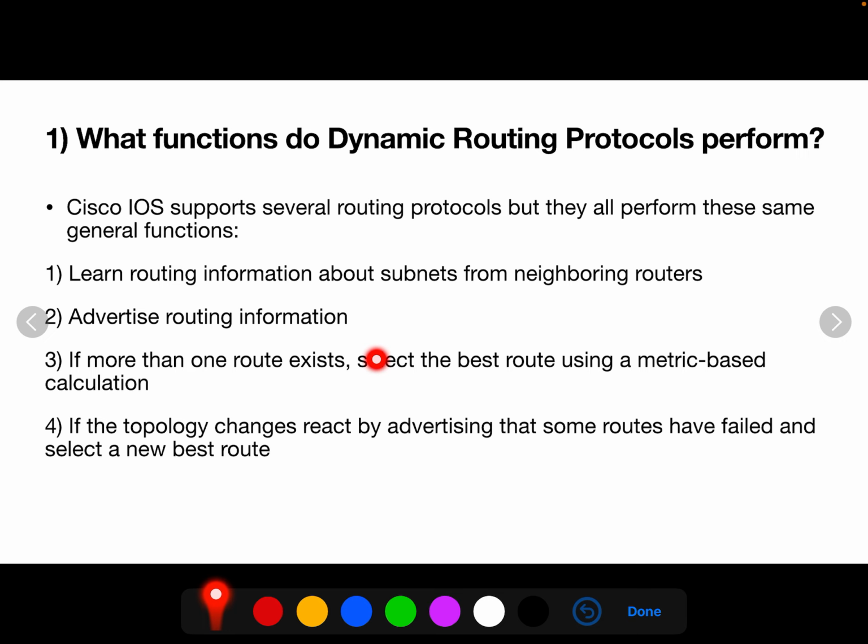Now 3, if more than one route exists, select the best route using a metric-based calculation. And then 4, if the topology changes, react by advertising that some routes have failed and select a new best route. It's like if you're driving down a highway and there's a road closure, and you're listening to the radio, those road closures will be advertised: hey, such and such road is closed.